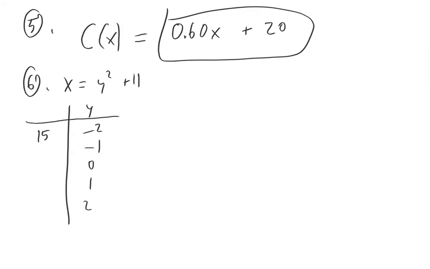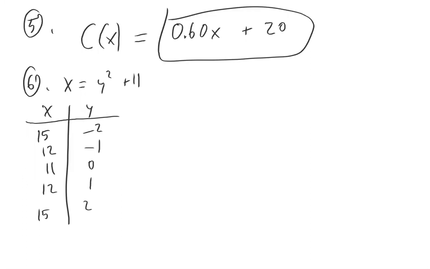Then when you plug in negative 1 squared, it's positive 1 plus 11 is 12. 0 plus 11 is 11. 1, when you plug in that for y, you get 1 plus 11 is 12. And when you plug in 2, you get 4 plus 11 is 15. So x equals all those different numbers.